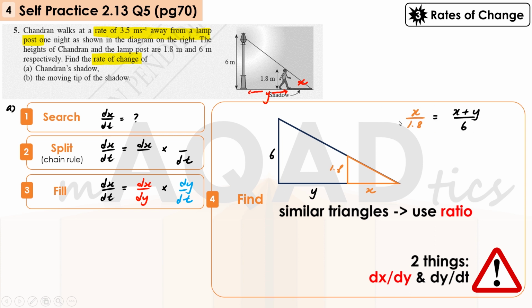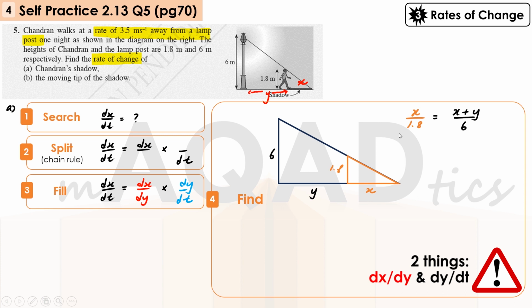So if I use x divided by 1.8, the base divided by the height, and x plus y, the base of the big triangle, divided by the height of the big triangle, these two values will be the same. The reason is that this triangle is inside the big triangle, so their ratios will be the same. So we can form the equation in this way.